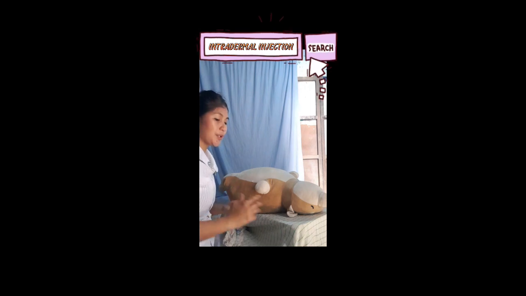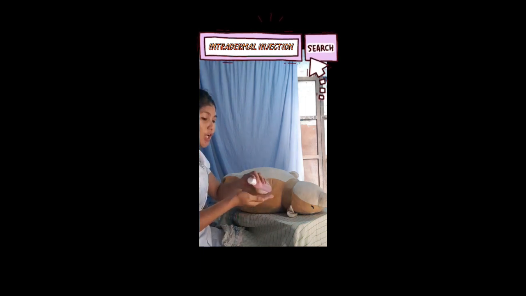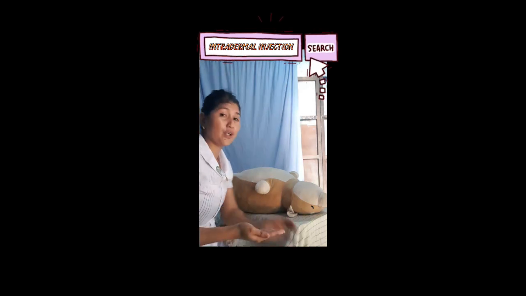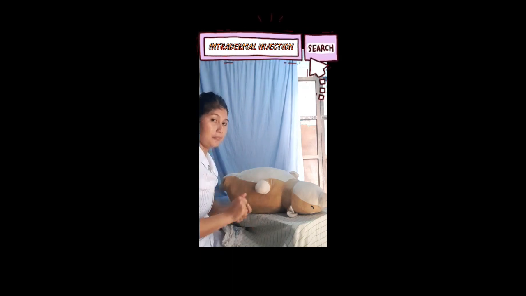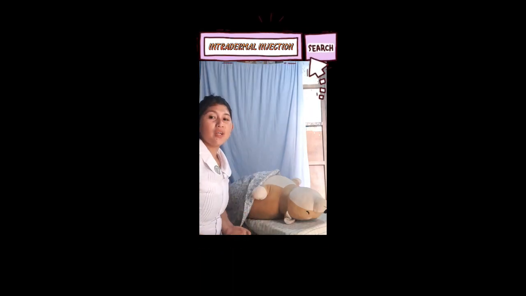So today, I will perform hand hygiene to deter the spread of microorganisms, before and after handling the patient. So now, choose an injection site free of lesions or discoloration.